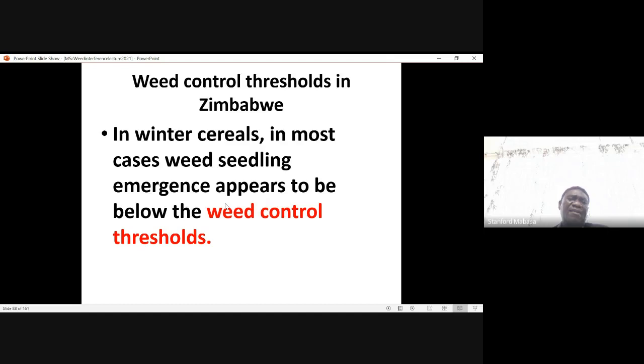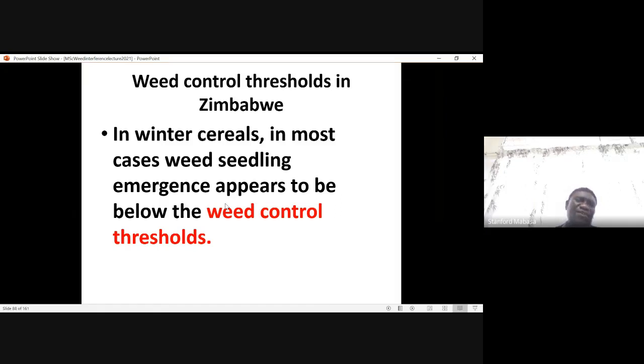Now, in winter cereals, the weeds which emerge seem to be below weed control thresholds, because there are certain areas in the high veld who may not actually weed wheat, because it may not be necessary.